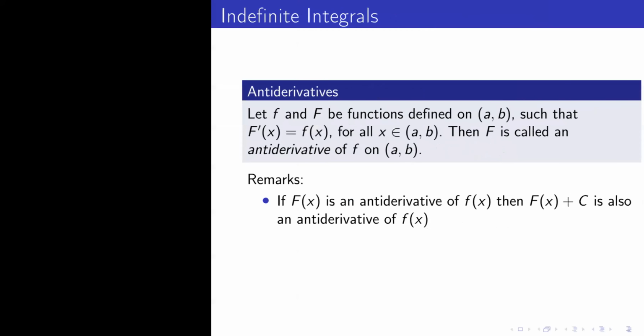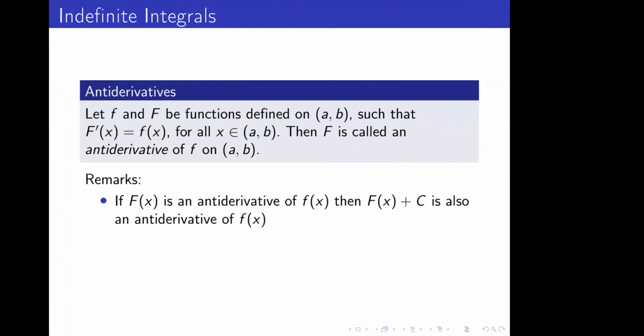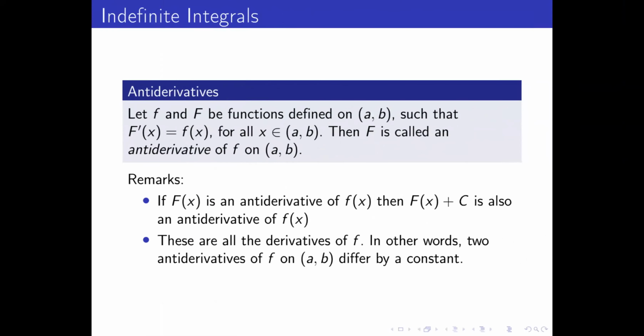Yes, so here's a remark. You can add any constant. What is important, and we prove this, is that all antiderivatives of f can be obtained from one antiderivative by adding a constant.